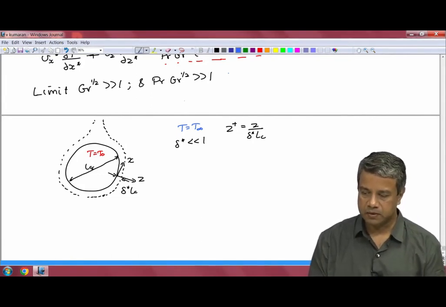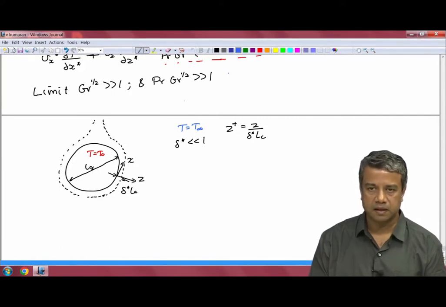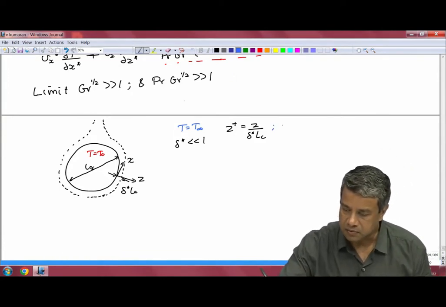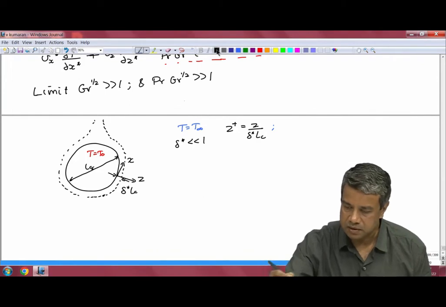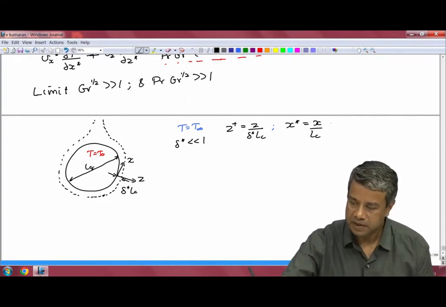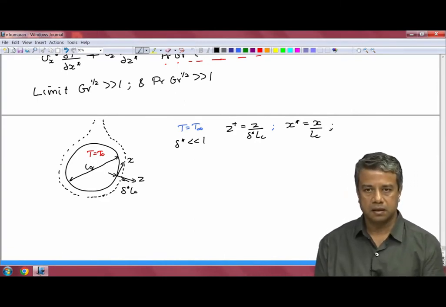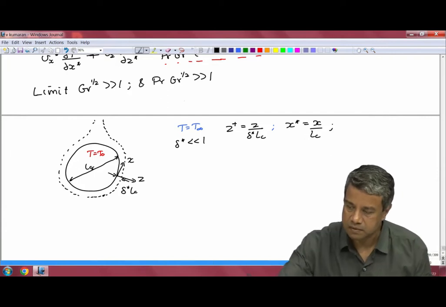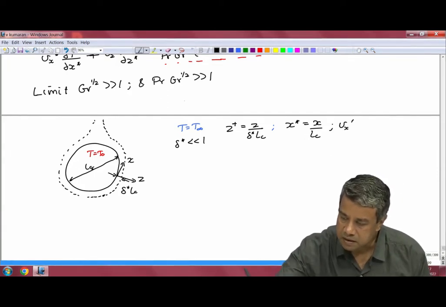And the cross stream coordinate is scaled by the boundary layer thickness, a scaled boundary layer thickness delta star times LC. Okay. The streamwise coordinate is scaled as usual by x star is equal to x by LC. Okay. The streamwise velocity has to be scaled by the characteristic velocity. So, I have to use Vx star is equal to Vx by Vc.